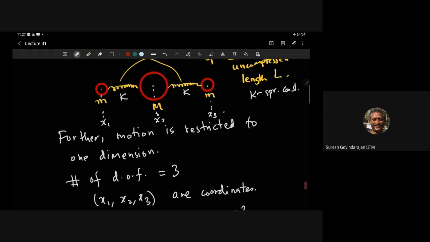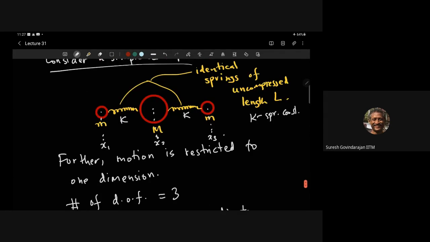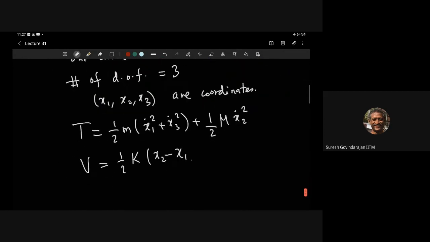It'll be half k into the extension of the spring, right? So half k into x2 minus x1. But we should compare that with L, right? So x2 minus x1 will give you the length of the spring, and from that you have to subtract L. Minus L or plus L.